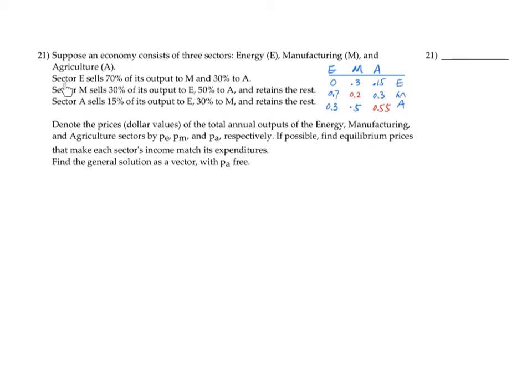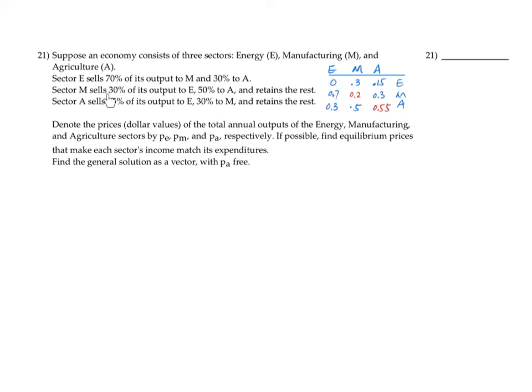Now, for instance, sector E sells 70% of its outputs to M. Therefore, I'm going to label this 70% under this column E to M, sector M. And 30% to A, so 30% to this A. Of course, that means this particular sector doesn't retain anything for itself, right? So therefore 0% for itself.